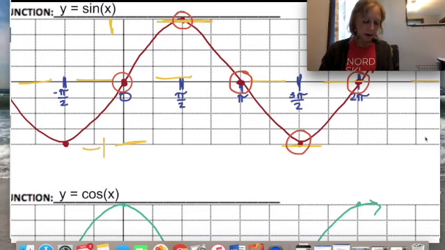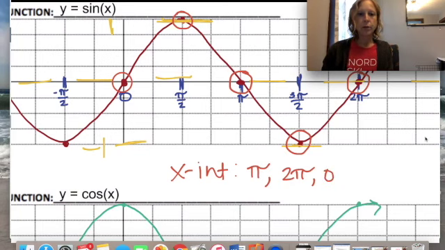We can see that our x-intercepts happen at 0, at pi, at 2 pi. So the distance between all of these x-intercepts is pi. So if I were to keep going, I could assume there's one at 3 pi and 4 pi and 5 pi and 6 pi.